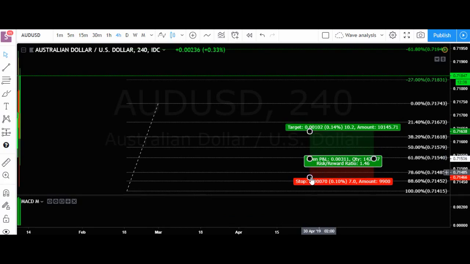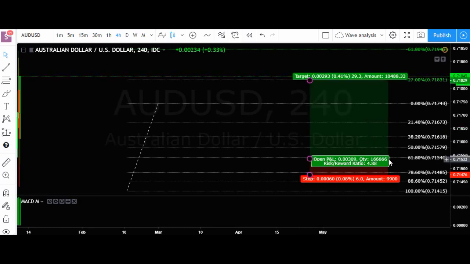Okay, like that. And our profit target is the 27%. So as you can see, on this specific example, our risk to reward would have been 4.88, which is very good. If you get 10 trades like this a year, it's a 48% return.